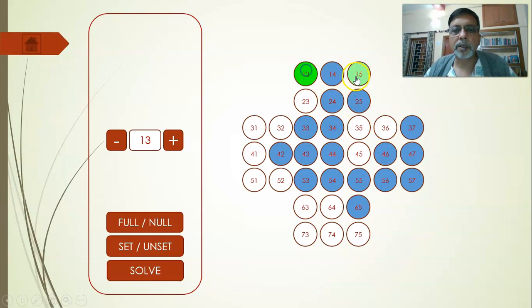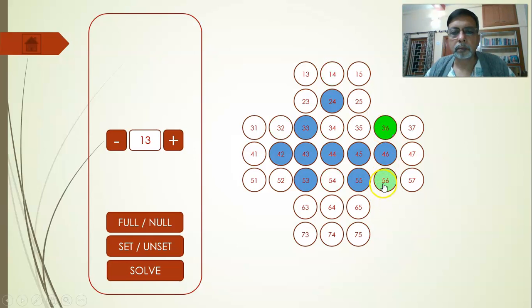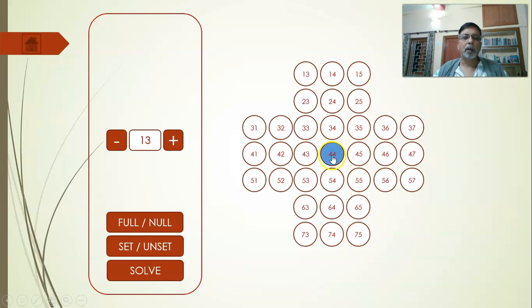But there could be interesting modifications which I tried, but I'll demonstrate it. Now, finally, you end up with one peg in the middle.